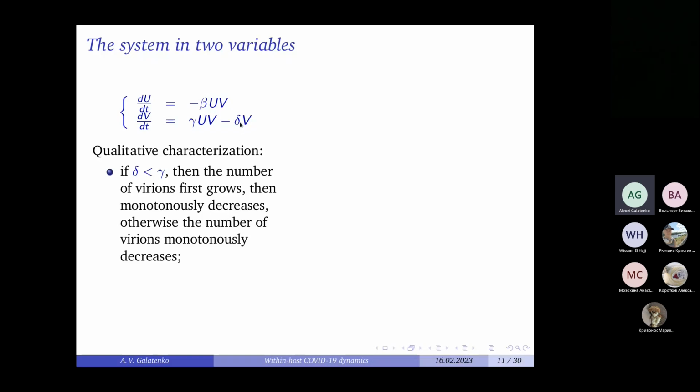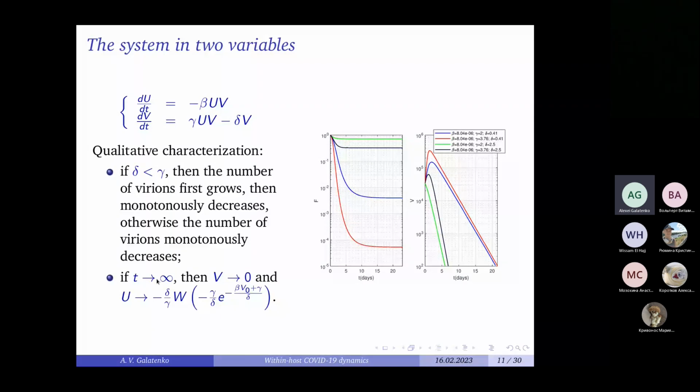Otherwise, if death rate is greater than production rate, then it just monotonously decreases. And as t approaches infinity, the number of viruses tends to 0, which means that in the framework of the model, we will definitely recover. And the fraction of uninfected cells approaches the constant, written out here.